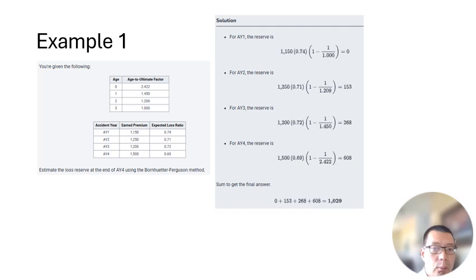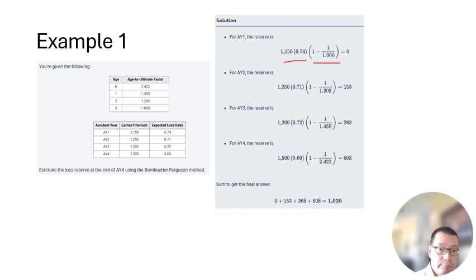For accident year 1, the reserve is 1150 times 0.74. The first part is just the expected loss ratio method. It gives you the ultimate loss. Then the second part is just applying the factor 1 minus 1 over the ultimate factor to get the reserve.